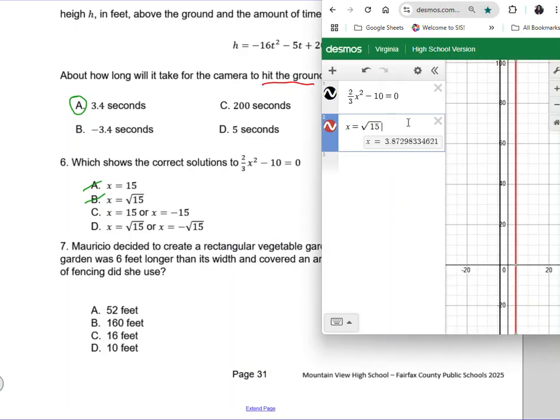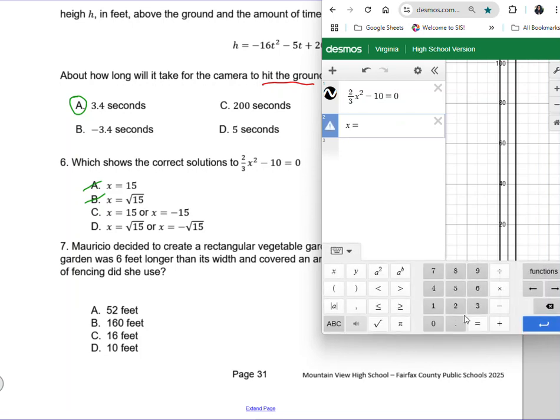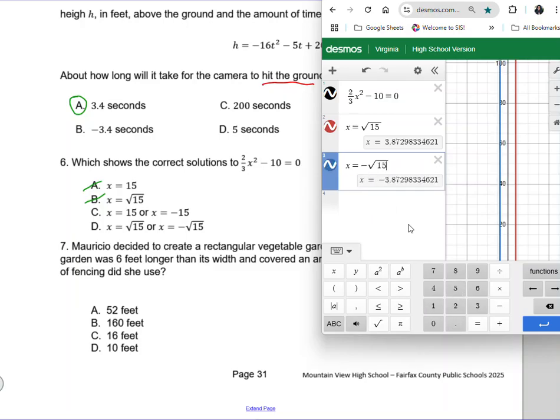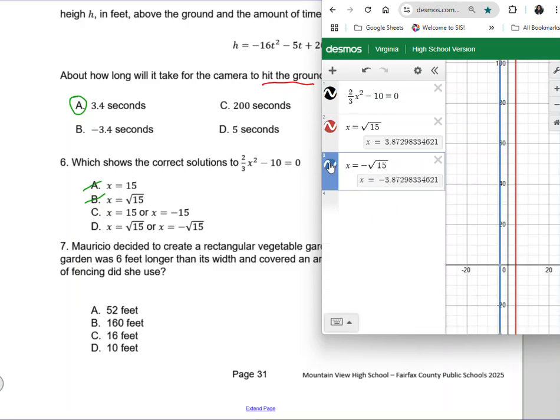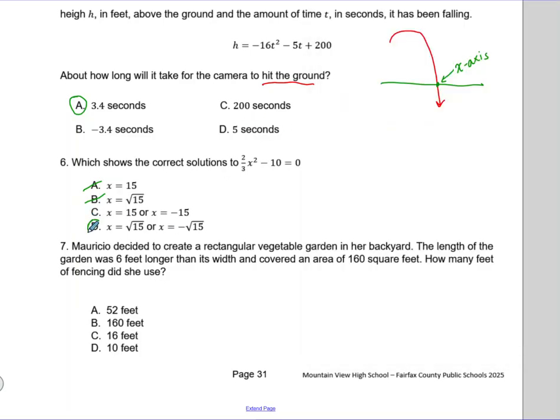So it has to be x equals square root of 15, and x equals negative square root of 15. There you go. Those are my 2 answers. There's one, and then there's the other one. Okay? So it's D.